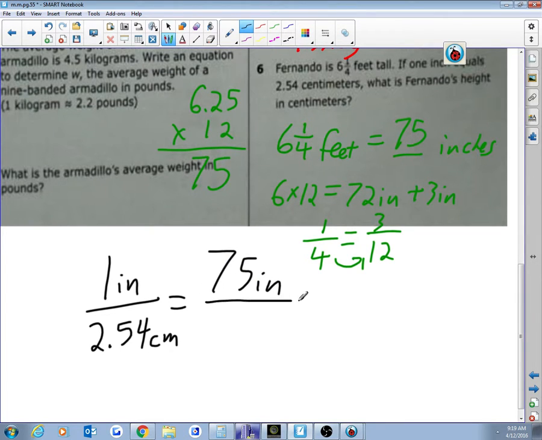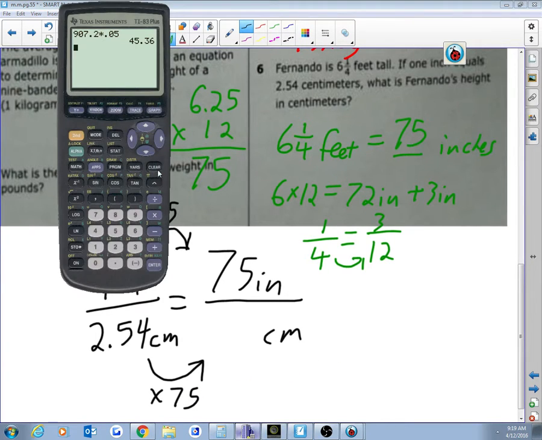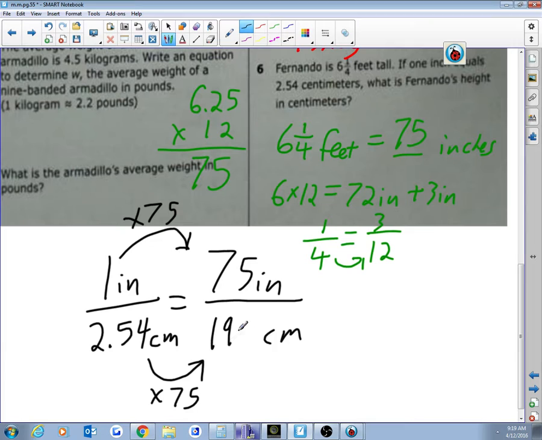I want to know how many centimeters he is. Well, 1 times 75 is 75. That's my scale factor. So what I do to the top, I've got to do to the bottom. 2.54 times 75 should give me my solution, and that's going to be 190.5 centimeters. That's how tall Fernando is in centimeters.